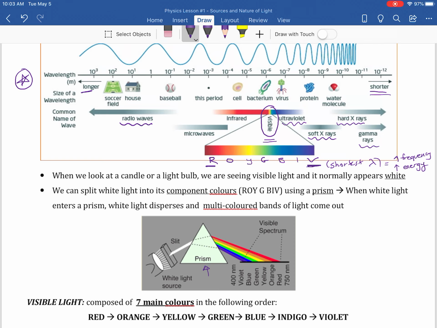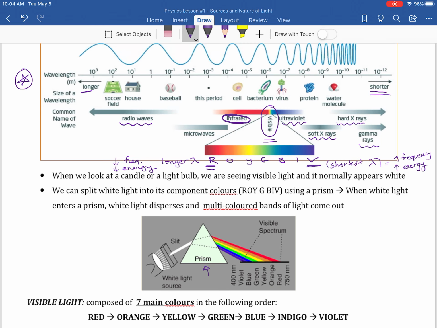This is why some forms of ultraviolet light can pigment your skin and can cause skin cancer, because they're at higher energy. Then on the other end of the spectrum, red is right next to infrared. This has a longer wavelength, so there's less frequency of the wave and therefore lower energy.